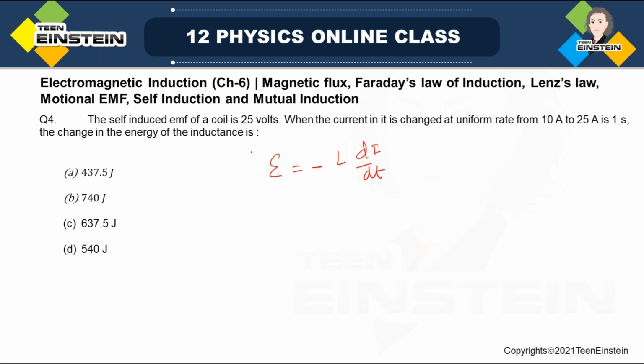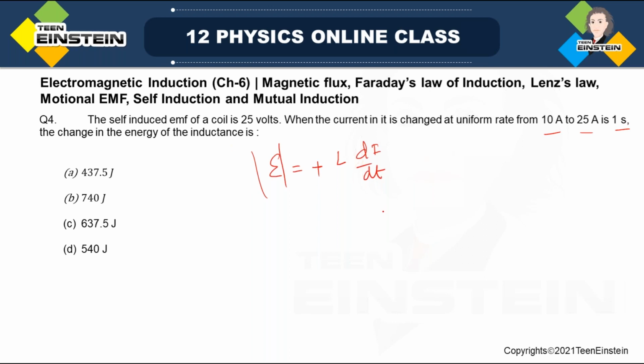Okay, or if we take the magnitude, then this is positive. Anyway, the current in it changes at a uniform rate from 10 ampere to 20 ampere. So current changes in 1 second. What is the change in the energy of the inductance?